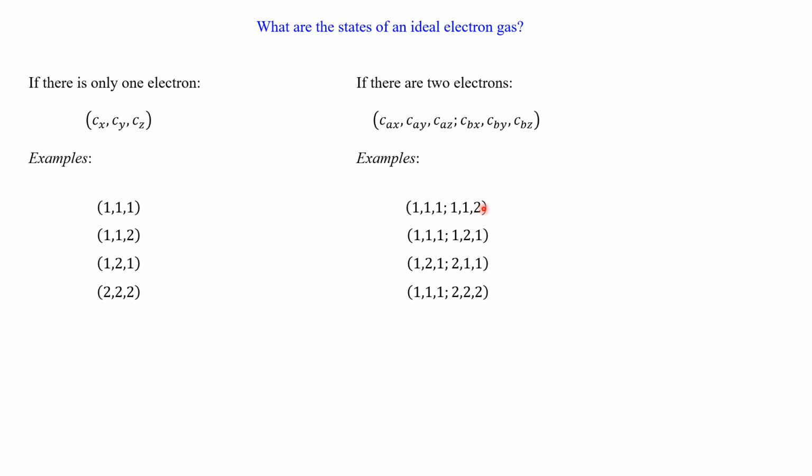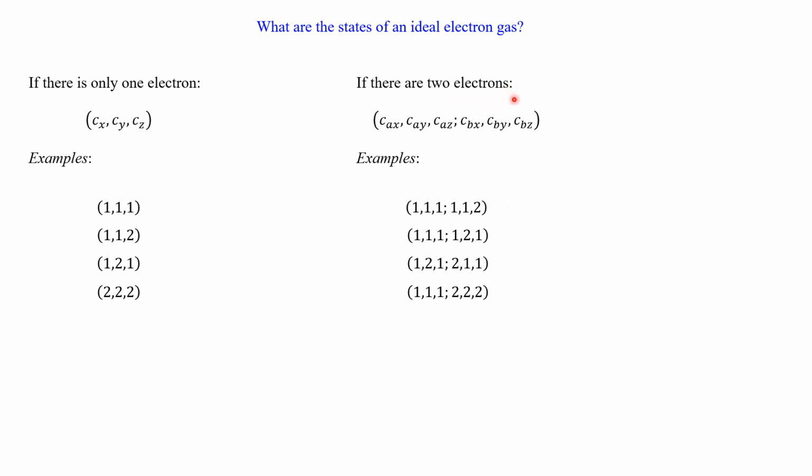Notice that if we have this state, we cannot include in our list the state 112, 111. That's because the state 111, 112 is the same state as the state 112, 111. If we put both of them, we would be counting the same state twice. And that's because electrons are indistinguishable.